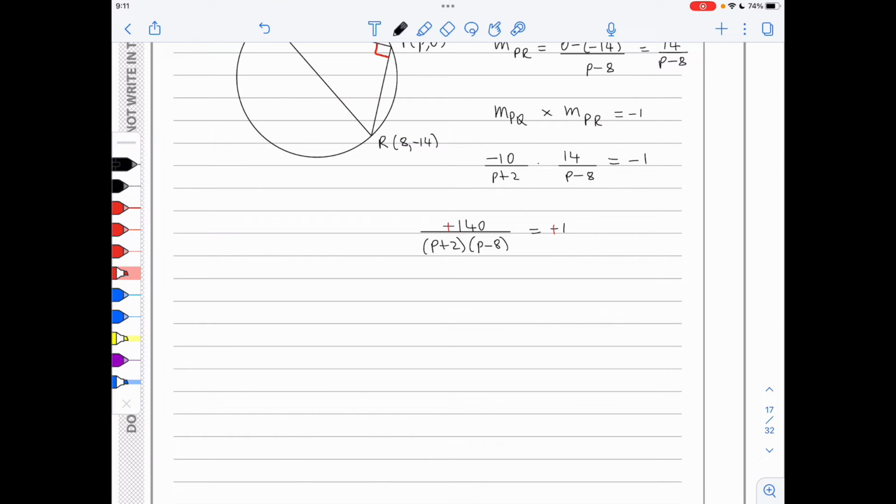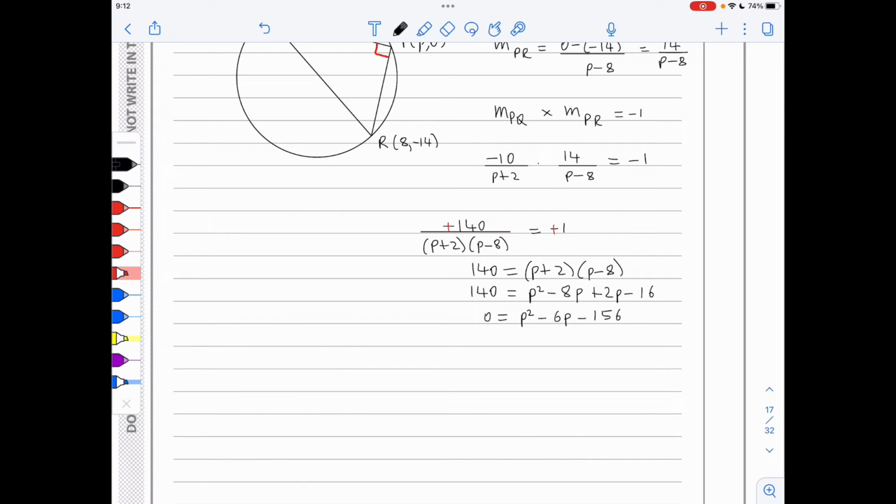So I will cross multiply to get 140 is (P plus 2) times (P minus 8). I will expand the right hand side to give me P squared minus 8P plus 2P minus 16, and collect everything on the right hand side: P squared minus 6P minus 156.